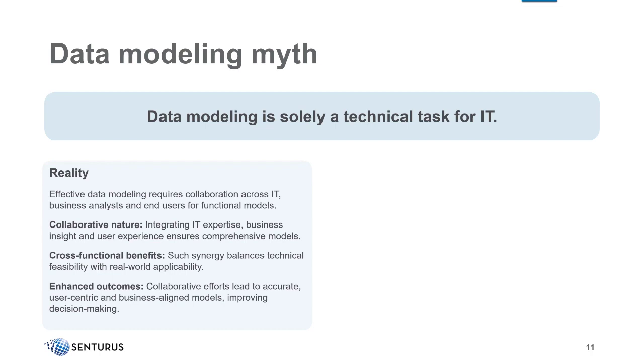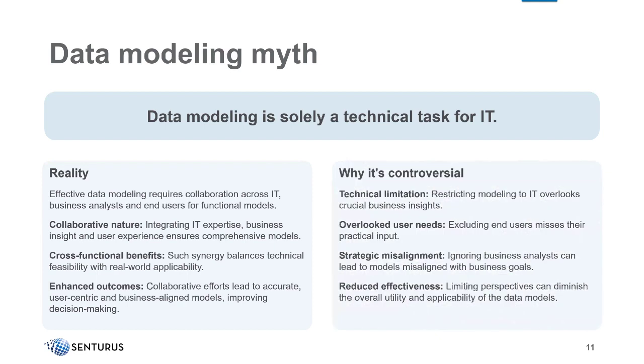So the business folks need to get to their data. IT can help you understand where that data can be modeled, right? And this collaborative effort is going to lead to more accurate, user-centric benefits, right? So those are some of the reasons why it's controversial.